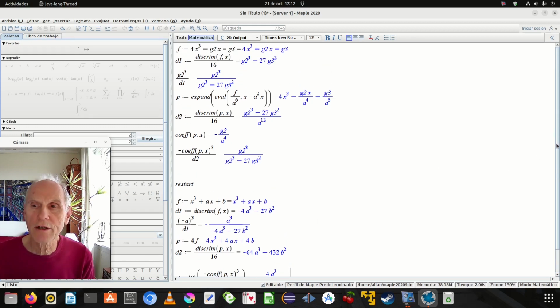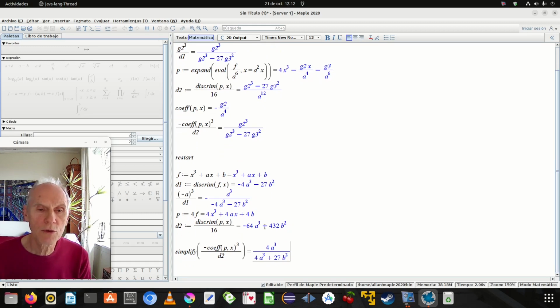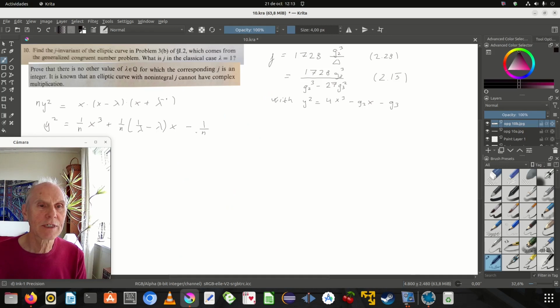So I was ready to start on the problem using this formula. It was actually a paper on complex multiplication, so I looked a little into that as well, but I don't think that's relevant.